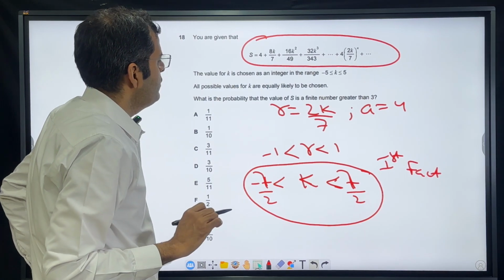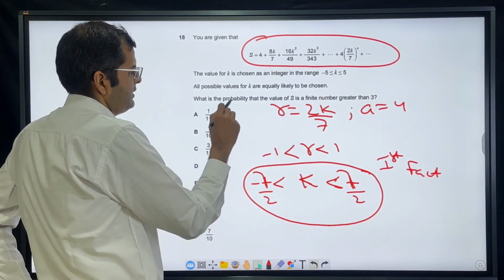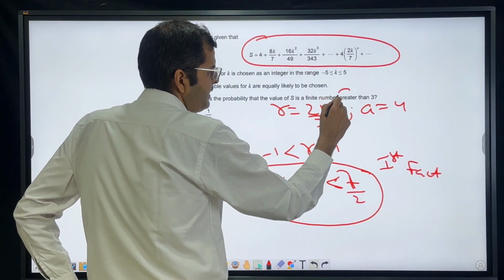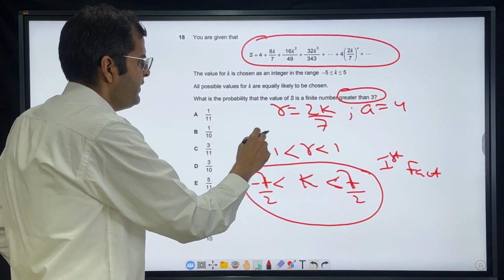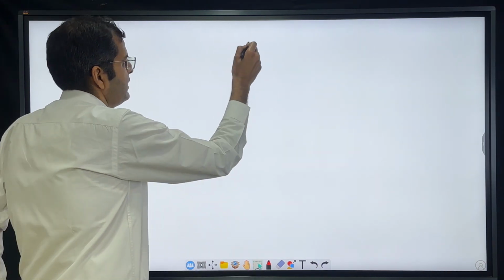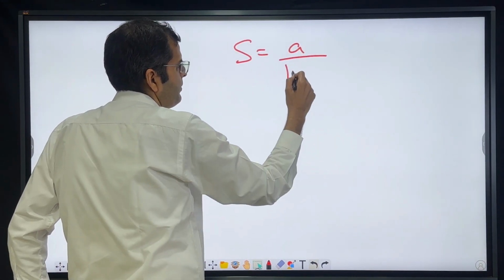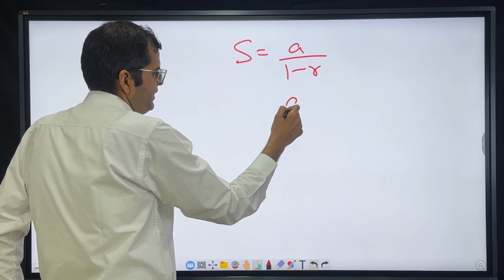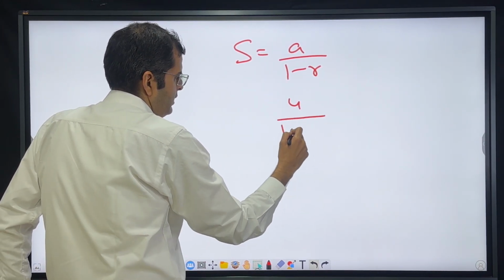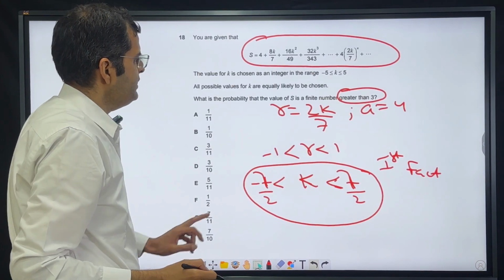But there is also a condition that the sum is a finite number greater than 3. We know that in an infinite geometric series, the sum is given by the formula a upon 1 minus r. So what is a? A is 4 here, upon 1 minus r, where r is 2k by 7.